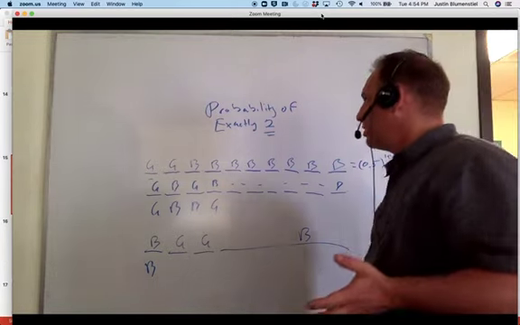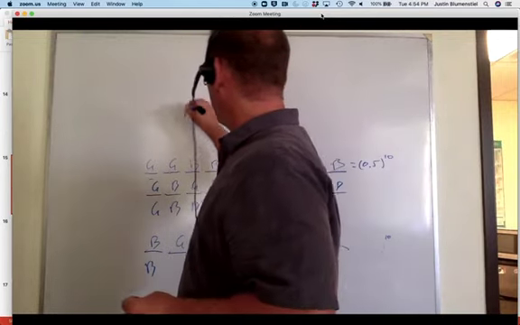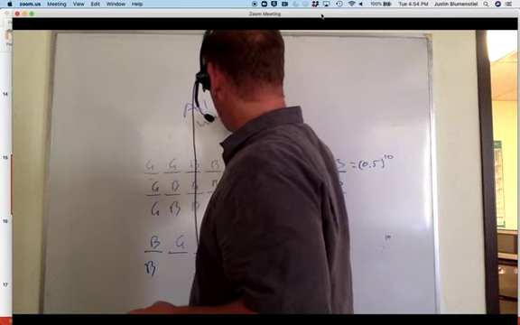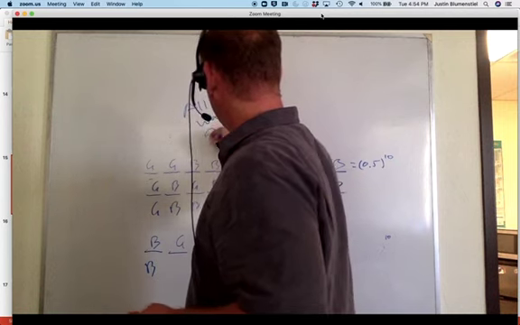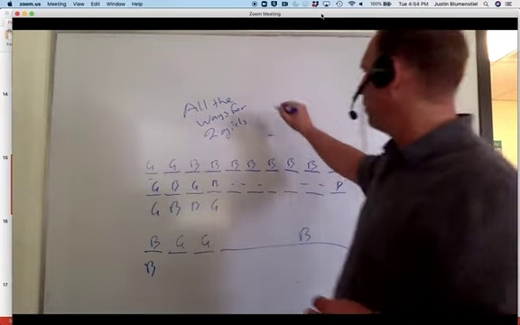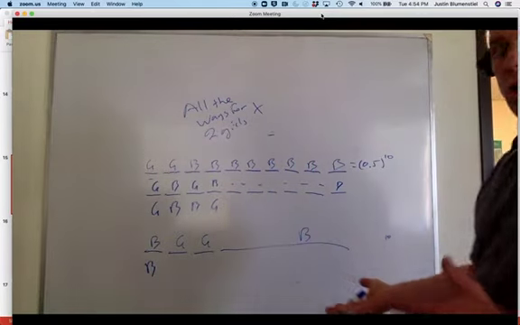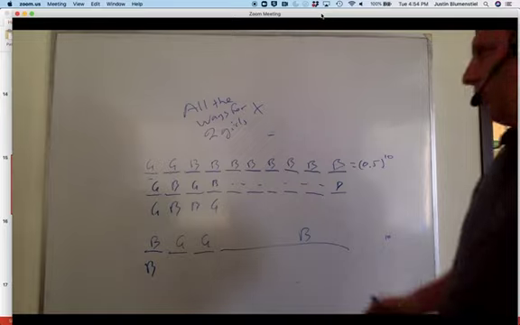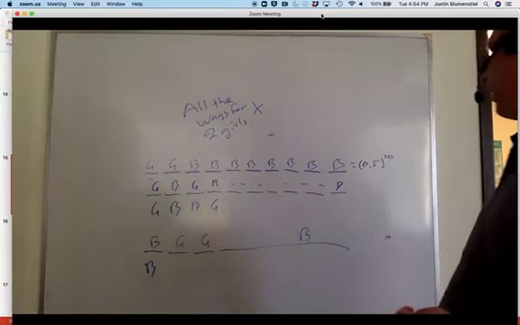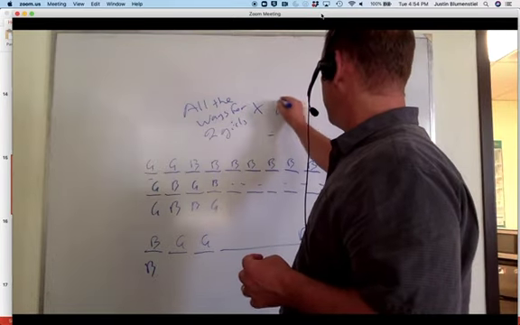And then it would just be simple because it would be all the ways, whatever that is, all the ways for 2 girls multiplied by the probability of any particular arrangement. And we know all the arrangements are going to be the same because they're all of these 50-50 combinations just being iterated. So it would be 0.5 to the 10th.